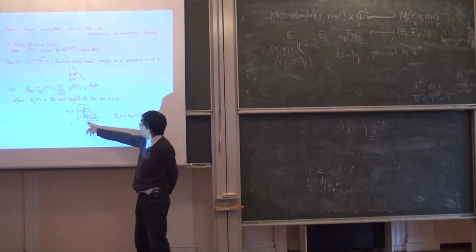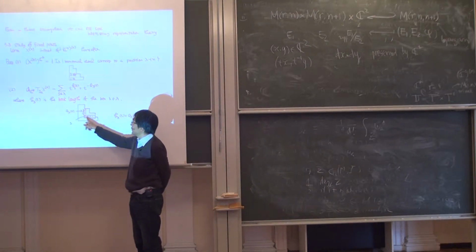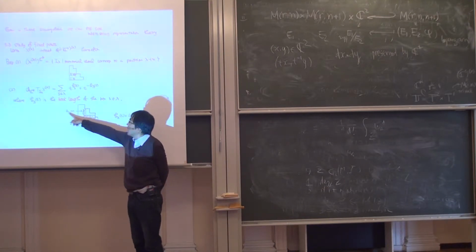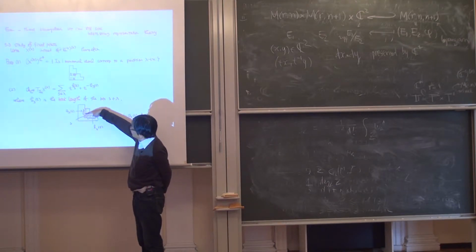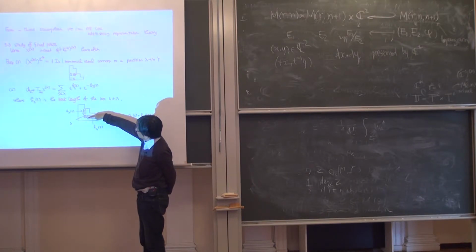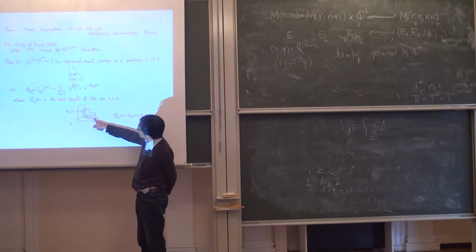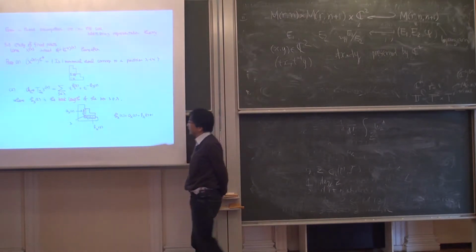Once you have a box s in the Young diagram, you can consider the so-called arm length and leg length. The arm length is the number of boxes above the box, and the leg length is the number of boxes to the right of this box.